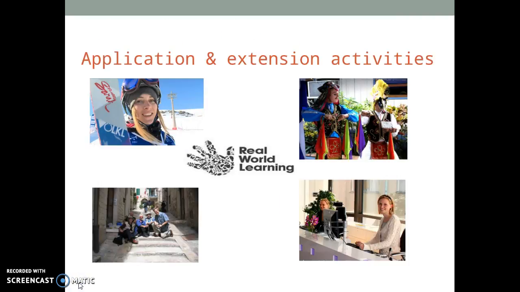Teachers can create application and extension activities for their students, but often the unanticipated experiences that the student has outside of and apart from the classroom are, in a sense, the true application and extension that excite and motivate students to expand and continue their language and cultural studies.